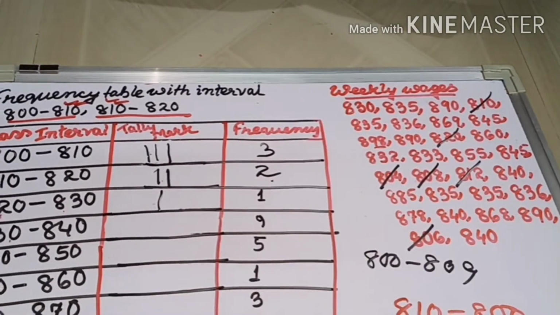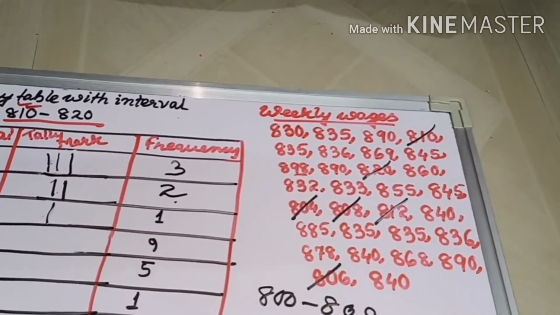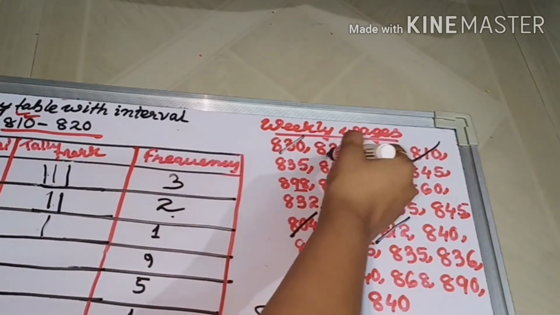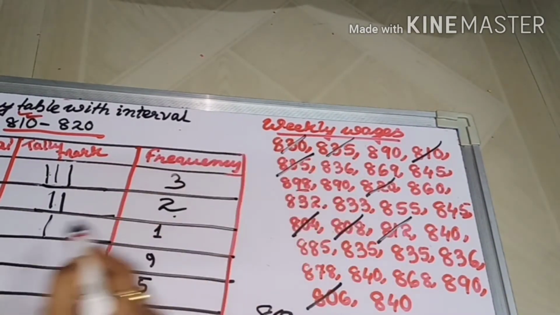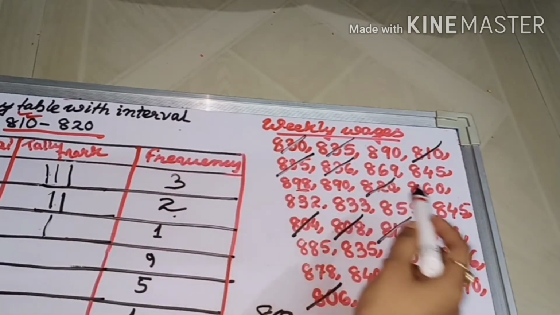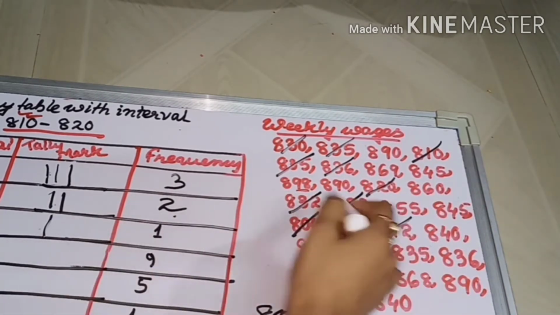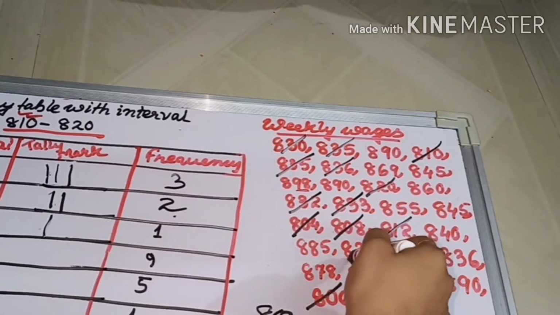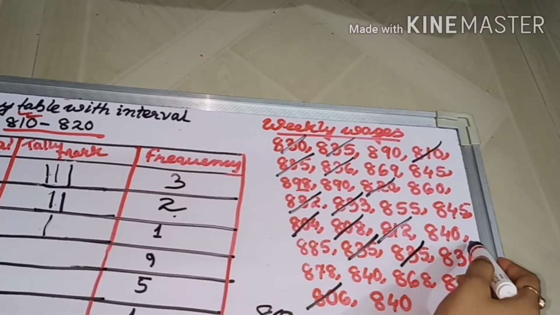Next is 830 to 840, so 830 to 839 we have to count, right? So it is 831, 835 is 2, 835 again 3, then 836 is 4, up to 839 you have to count, right? 5, 833 is 6, then again 7, then 8, and here it is 9.